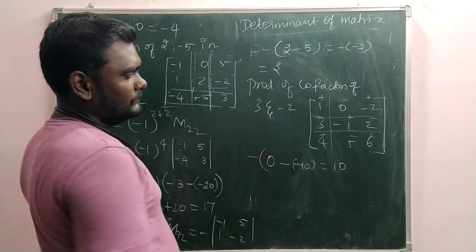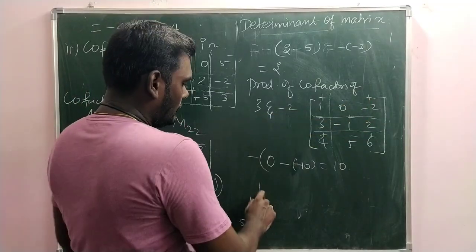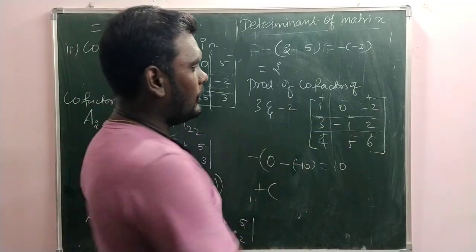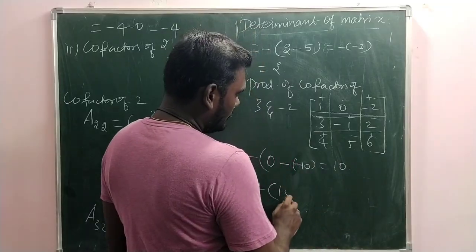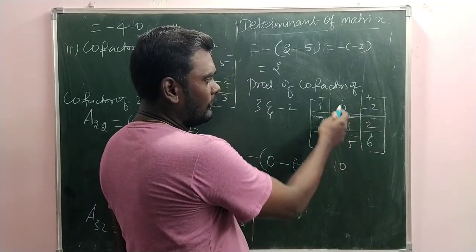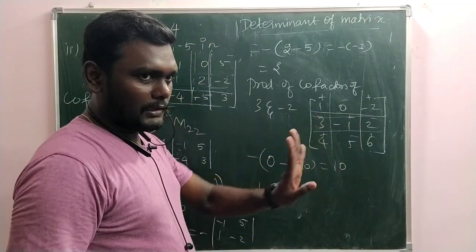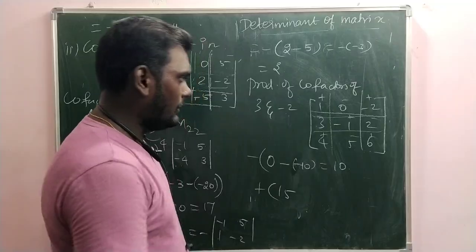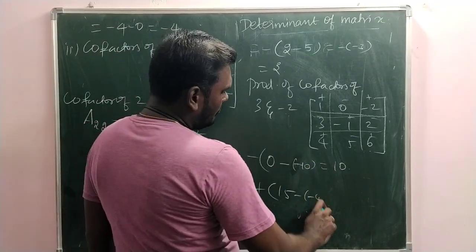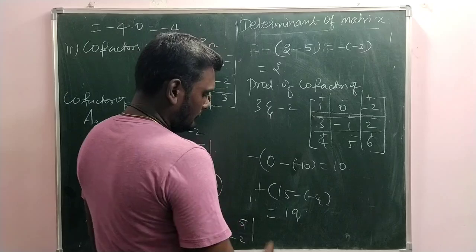And for -2, here we have -2. That position is positive. So positive of leaving this row and column. For this cofactor, the sign is only simply mentioned, it does not belong to this number's sign. Don't get confused, I am doing it in a shortcut, quick way. 3 fives are 15 minus of minus 4, so it will be 19.